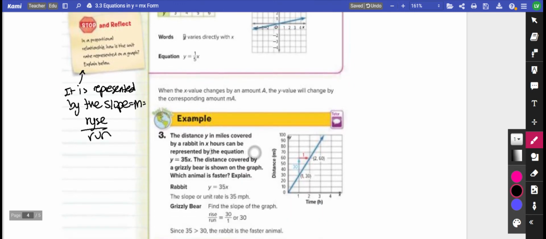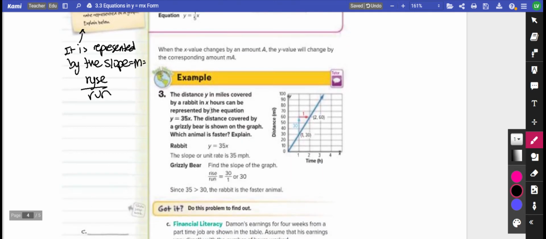So let's try this. For an example, the distance y in miles covered by a rabbit in x hours can be represented by the equation y equals 35x. The distance covered by a grizzly bear is shown on the graph. Which animal is faster, and explain?